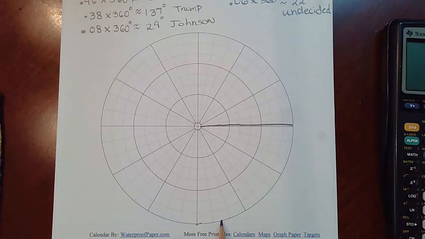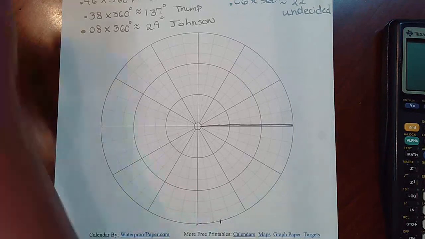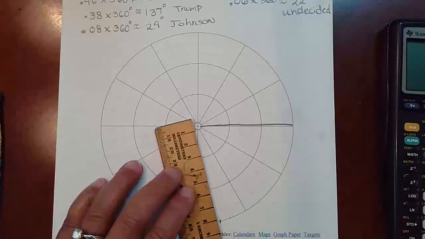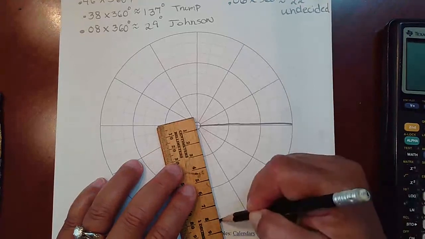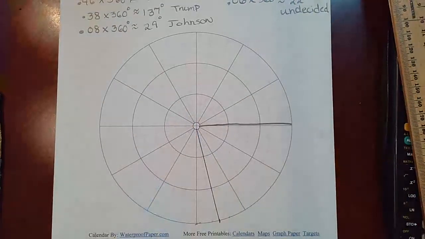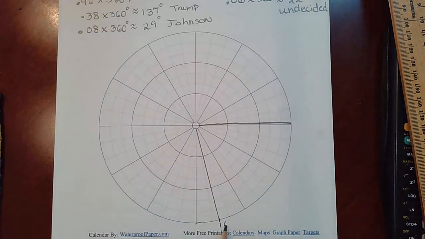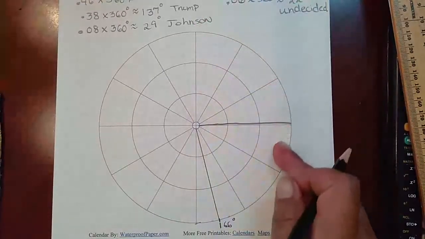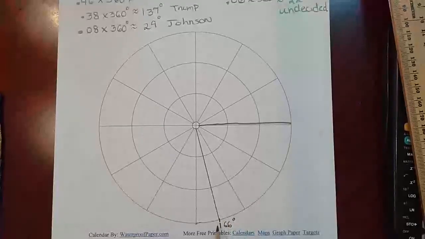That's about 165, so 166 would be right in there. And then right from that little notch mark, take it all the way into the center. So you're creating a radius, and that radius digs in to the circle at 166 degrees.